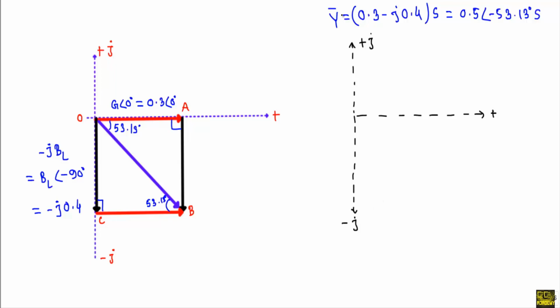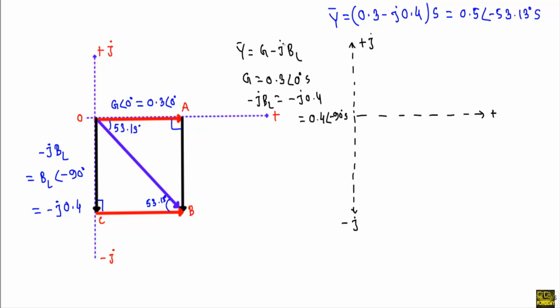Now see, Y is equal to 0.3 minus j 0.4. If I compare this equation with standard G minus jBL form, you will see here the conductance G will be equal to 0.3 with phase angle 0 degree Siemens, and minus jBL will be equal to minus j 0.4 or 0.4 with phase angle minus 90 degree Siemens.